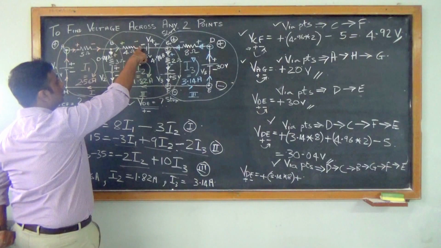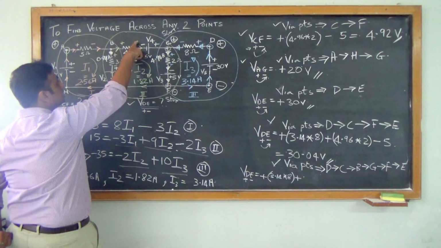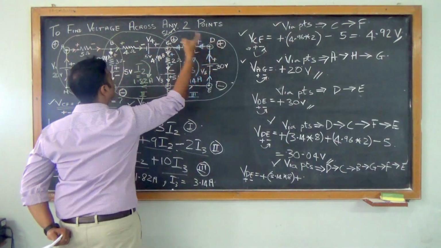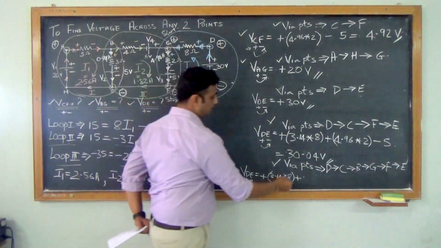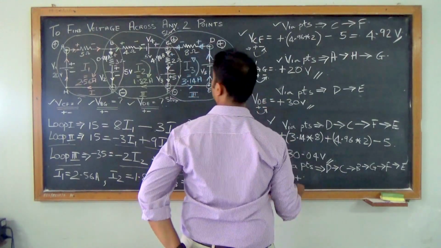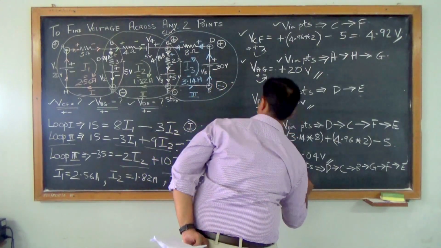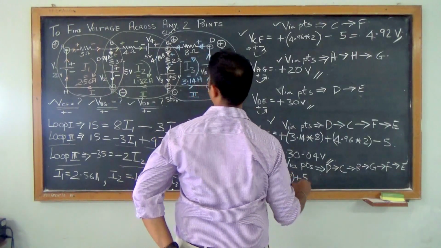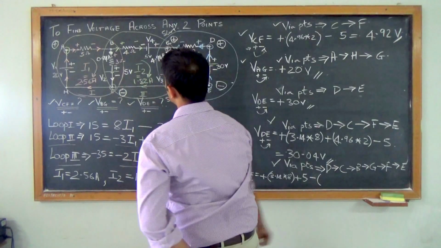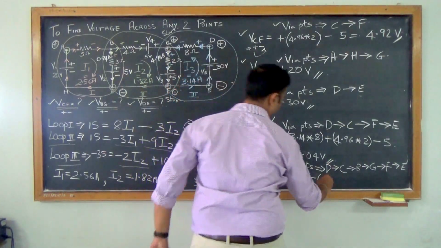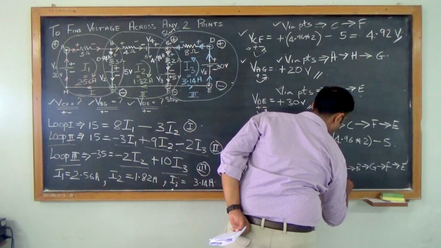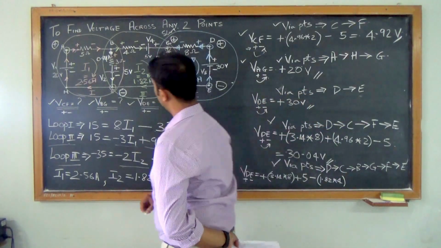Then again, first terminal of the 4 ohms resistor is negative. Again, multiply both the terminals. So positive into negative is negative. So negative. What is the current? 1.82 into 4.